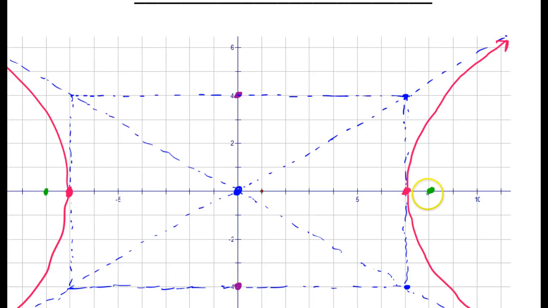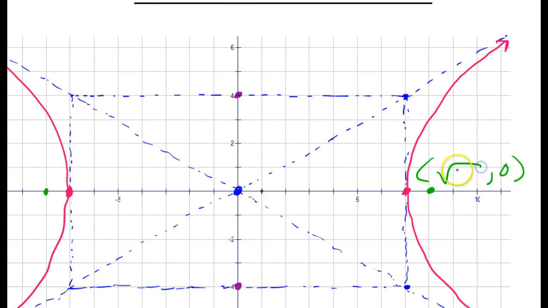I know that the y value of this focus is going to be 0. It's going to be something comma 0. All right, this is on the x-axis, so I know the y-coordinate is 0. So it's just a matter of what's the x-coordinate. Well, start from the center, and I'm going to the right radical 65.